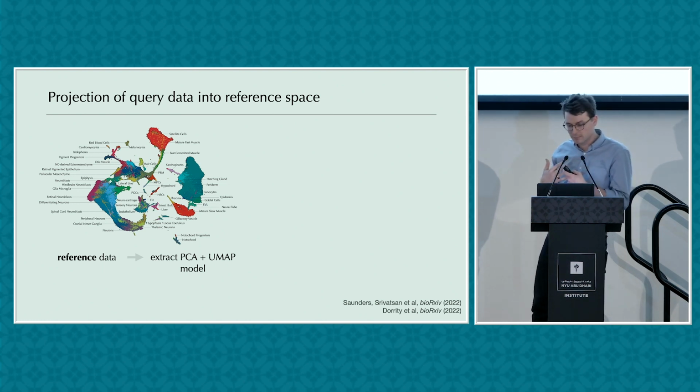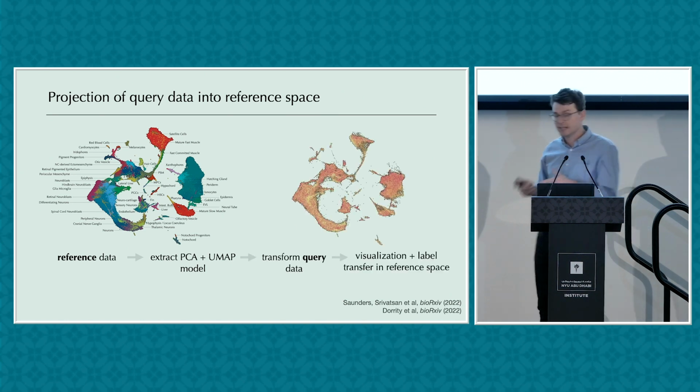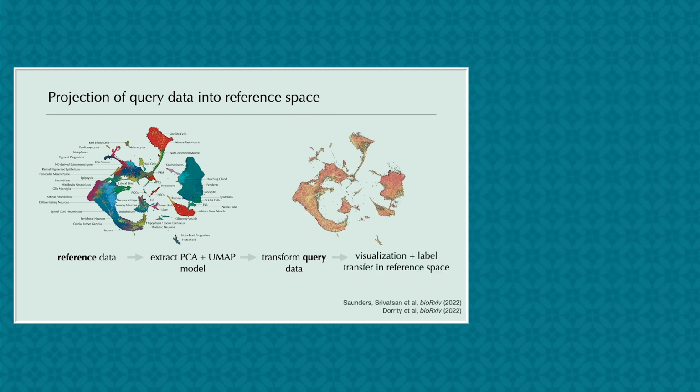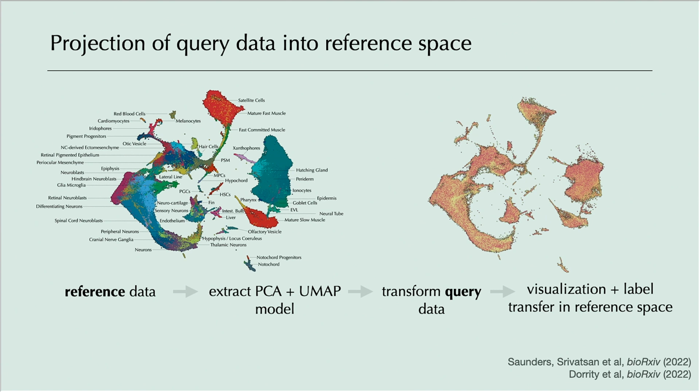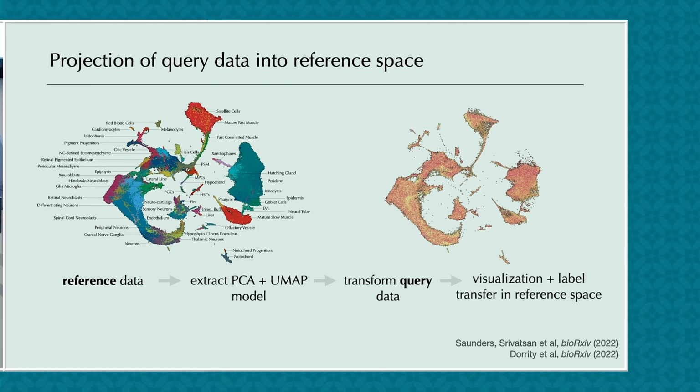You can pull out these models from the reference, and when you get new data, you can simply transform it and project it into the same space. You end up getting a map that looks very similar, but importantly, you can transfer all of the labels, say your painstakingly annotated cell annotations, to your new data set without doing all of that again. And if any of you have ever done that, you know that's a huge benefit.